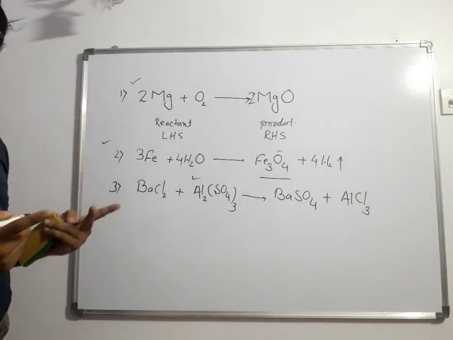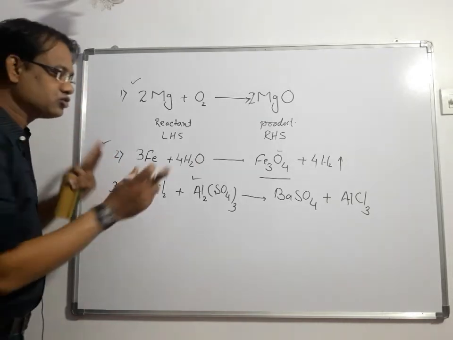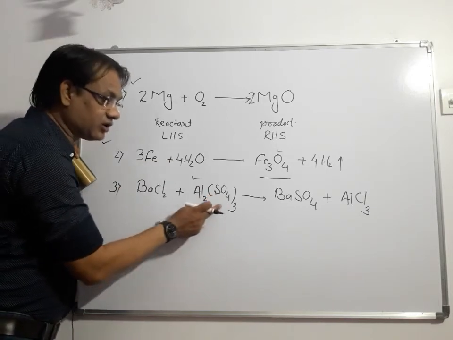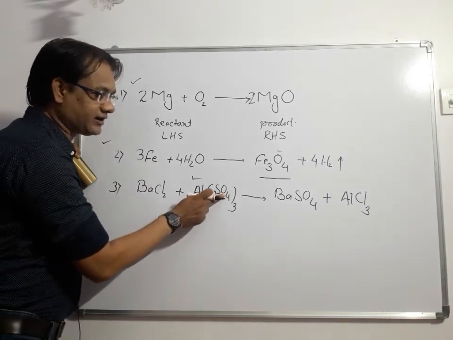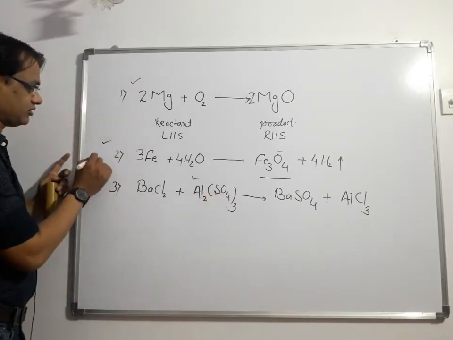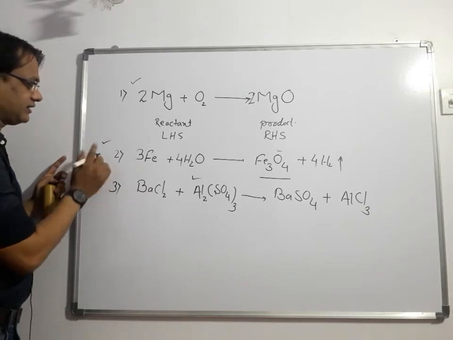Now the second point. In the second point, we will choose the element which has the highest number of atoms in this molecule. Here I see that oxygen, 4 into 3, 12 oxygen atoms are here.